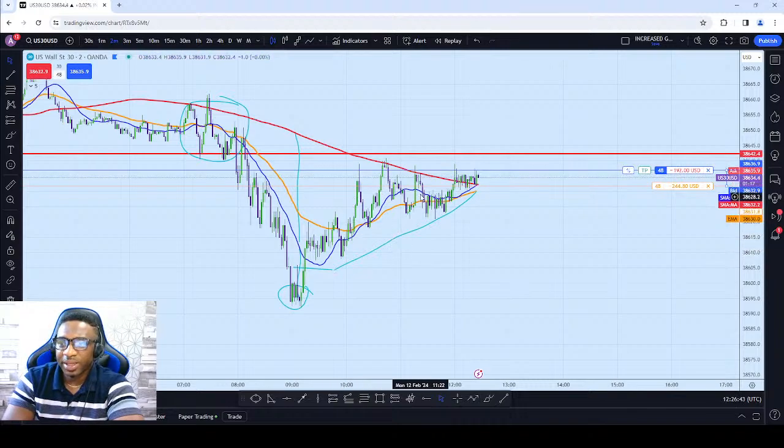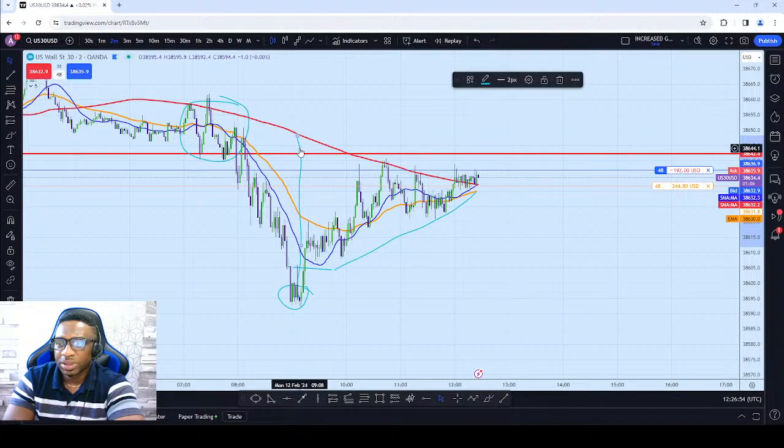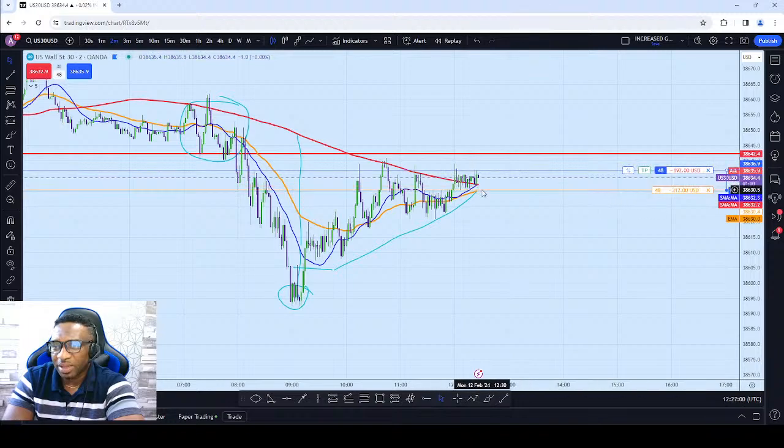So currently our anticipation is that it's going to continue going up, to move to the next key level. But if that doesn't happen, we have our stop loss in place to protect us.